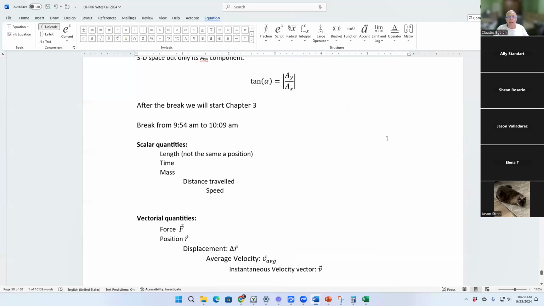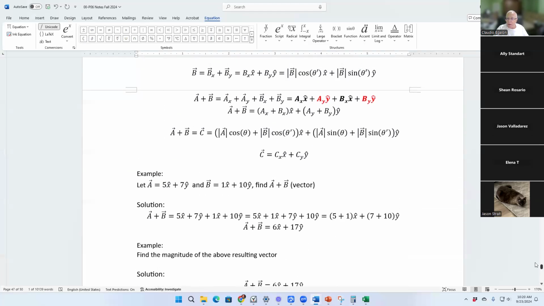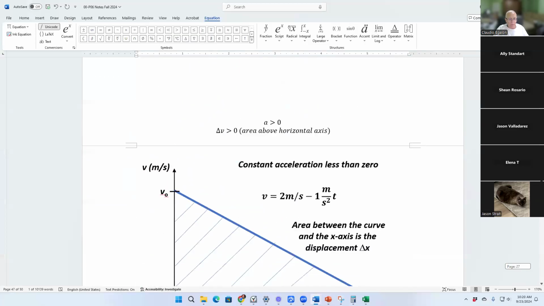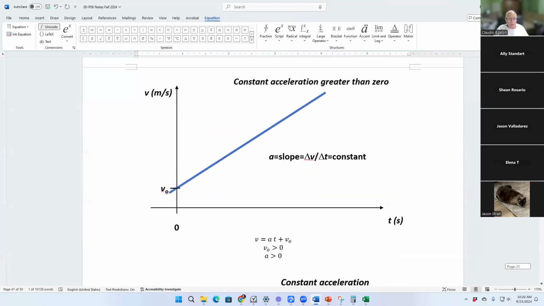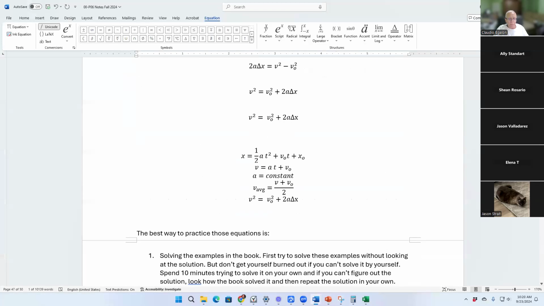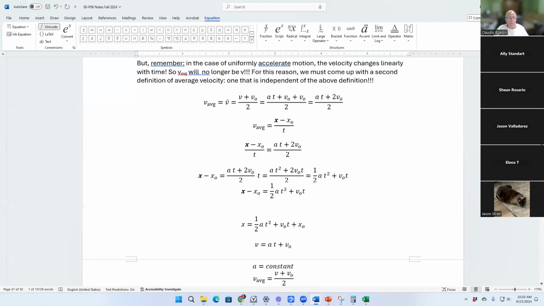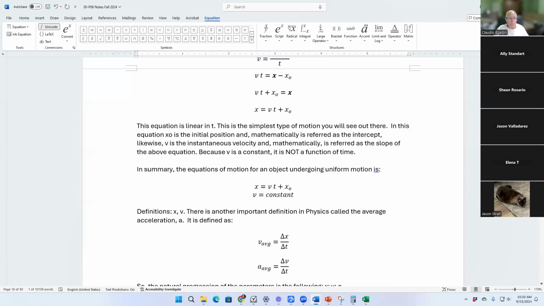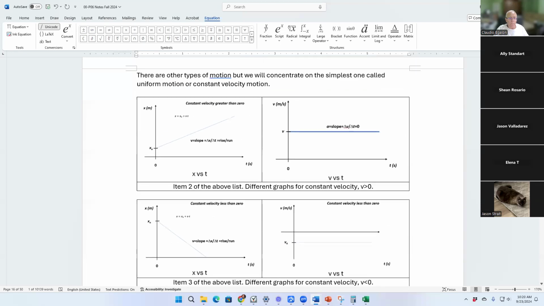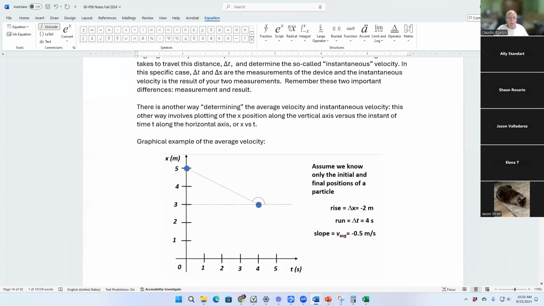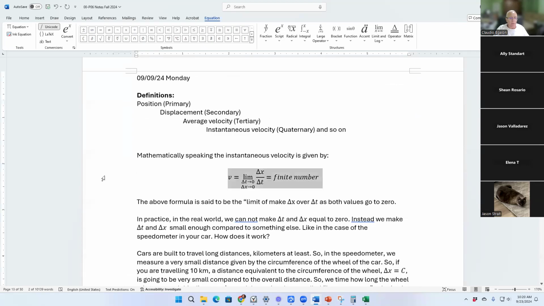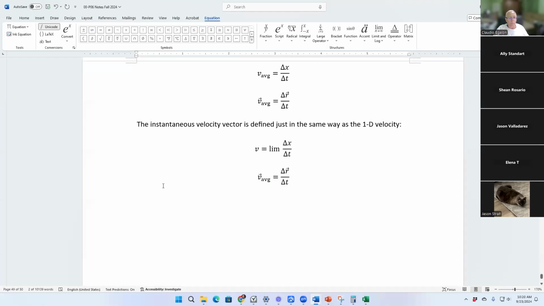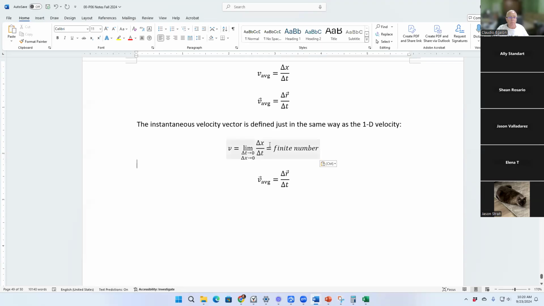Let's hunt down the definition that we did before. Here you go.